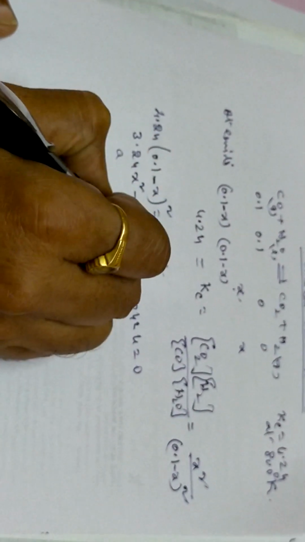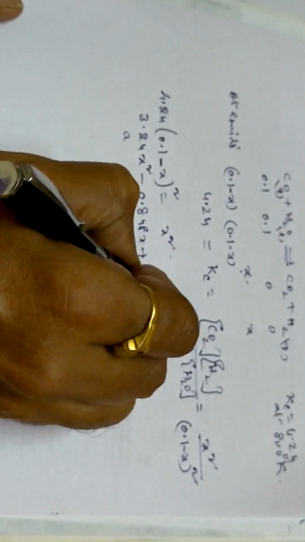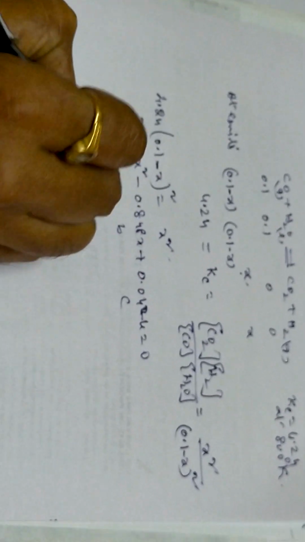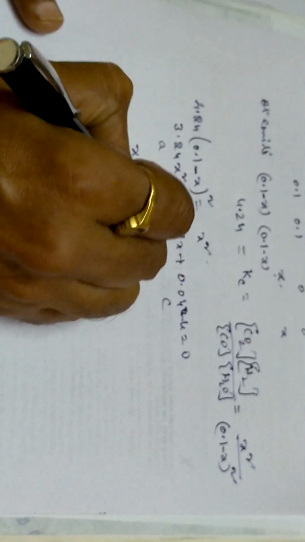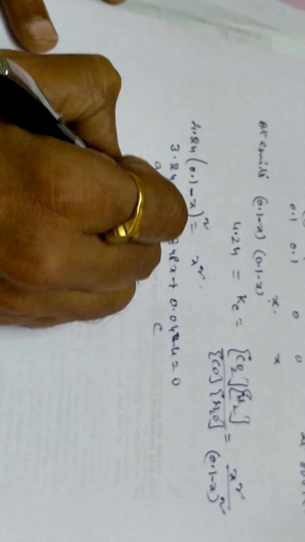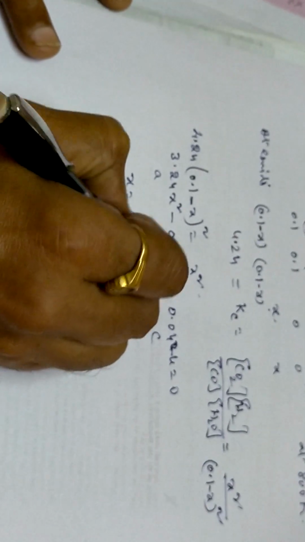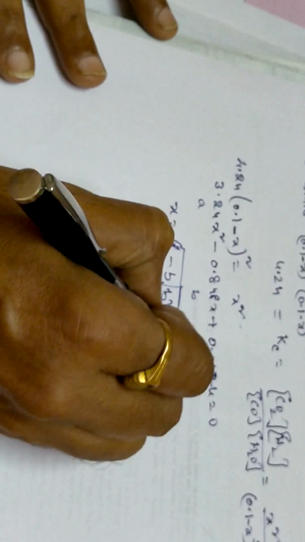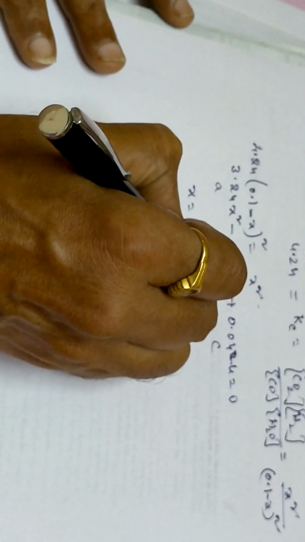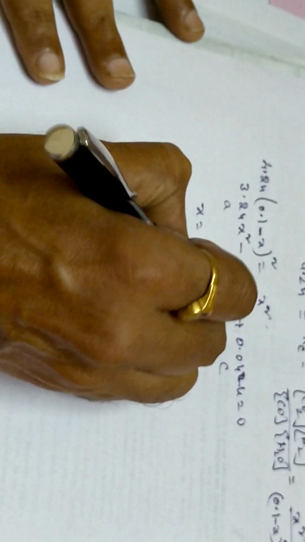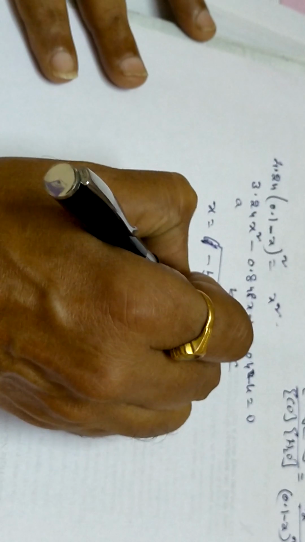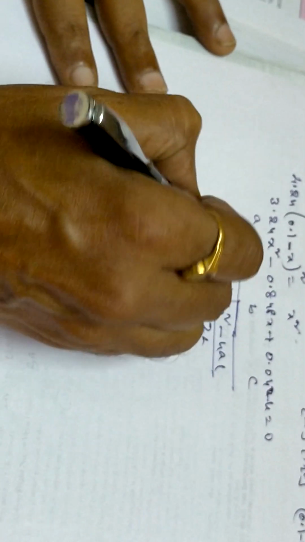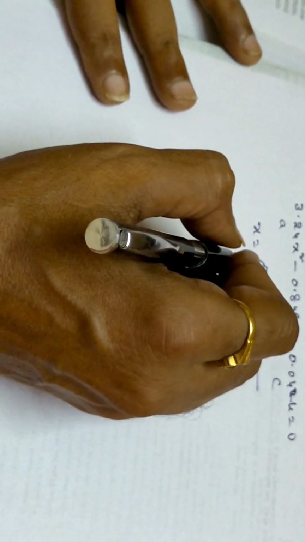This is a quadratic: this is a, this is b, and this is c. Then x equals minus b plus or minus the square root of b squared minus 4ac, divided by 2a. Substituting, you will get two values.